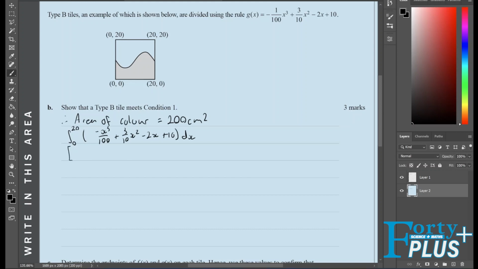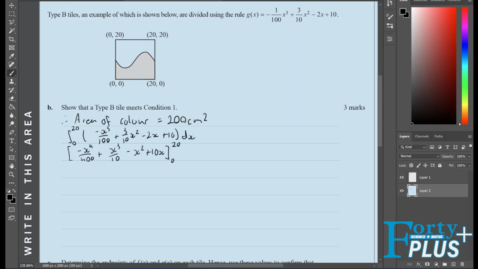And once we've got that, we get minus x to the 4 over 400 plus the 3's will cancel out, so it'll be x cubed over 10 minus just x squared plus 10x, 0 to 20.